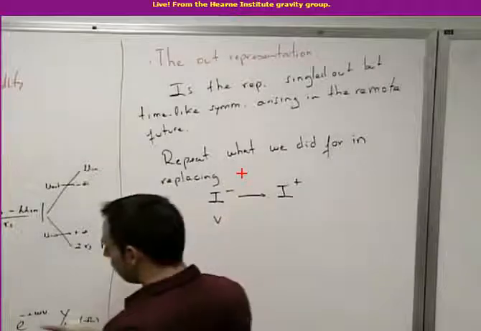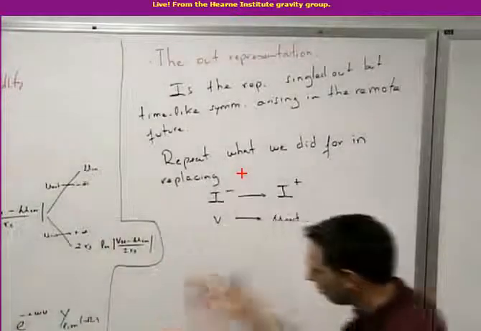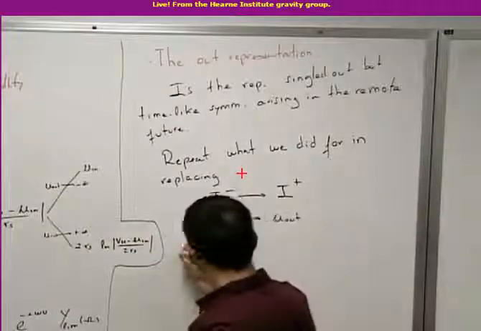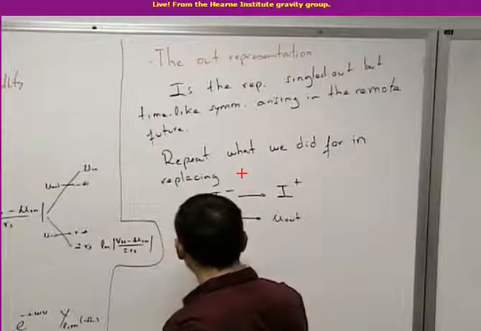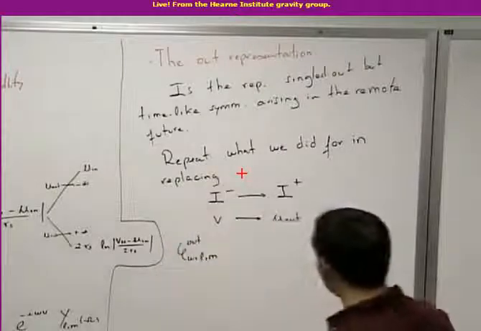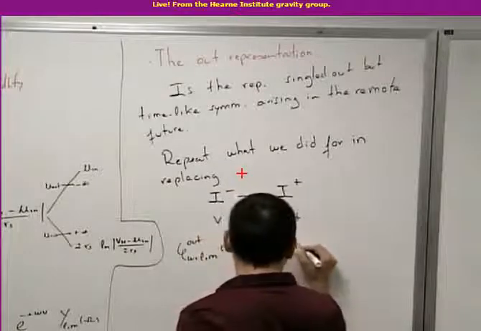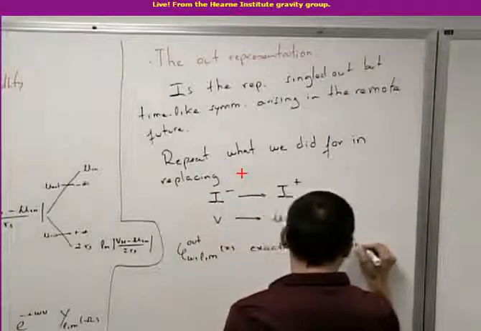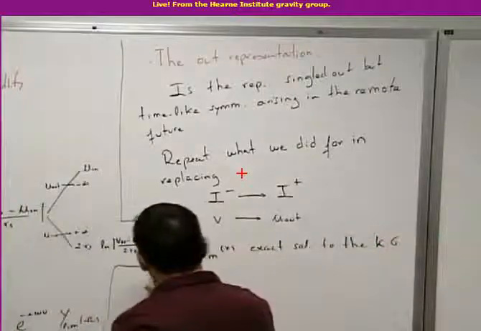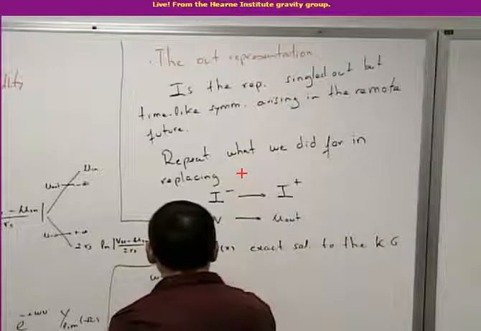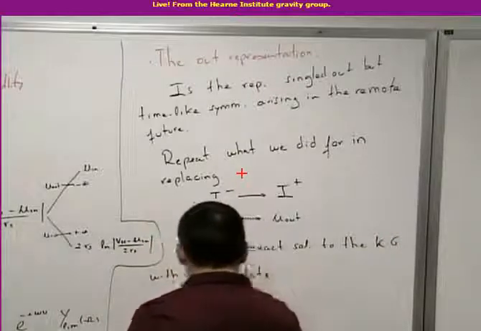Wherever you see v, replace it by u out, and you will have the construction. In other words, the positive frequency modes that are going to define the out representation are exact solutions to the Klein-Gordon equation, with initial data. So we define them via the initial data.